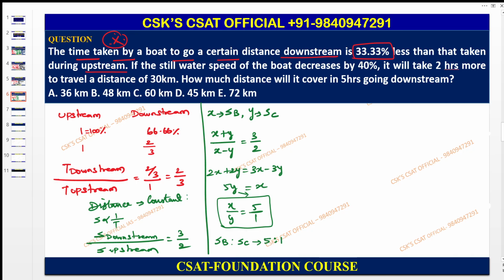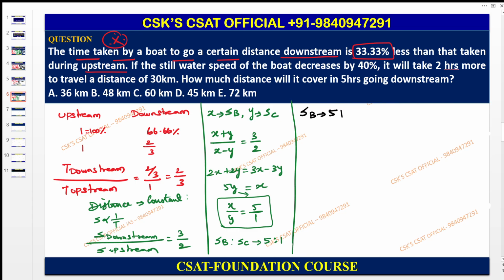If they are in the ratio a is to b, then you need to take them as ax and bx. That is what you learned in ratio and proportion. So now the speed of the boat and the speed of the current are in the ratio 5. We don't take x, y here because we have already used them.